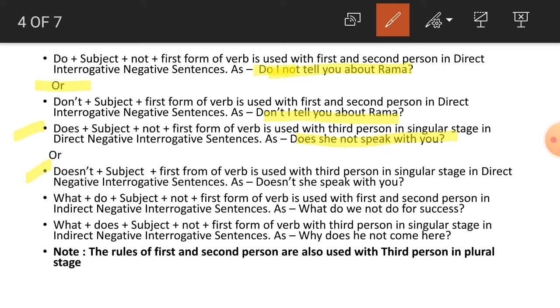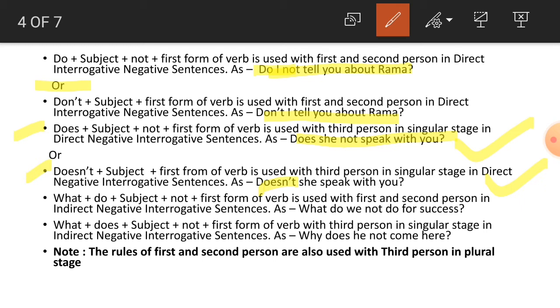In the next, doesn't plus subject plus first form of verb is used with the third person in singular stage in direct negative interrogative sentences. Yes, students, here is the combined word does plus not. Doesn't she speak with you? It means both sentences are right.